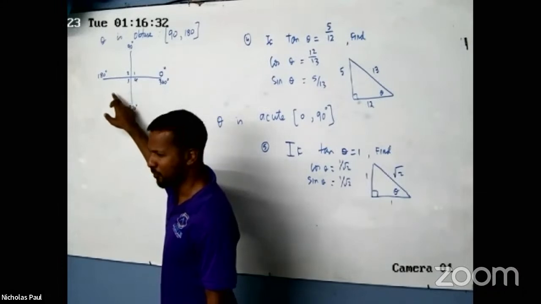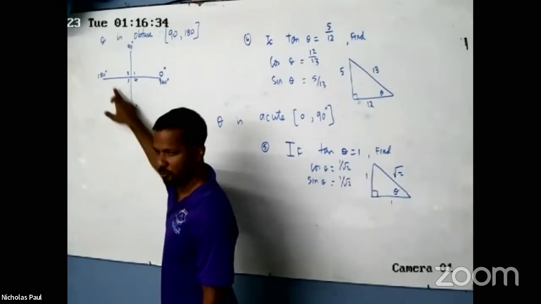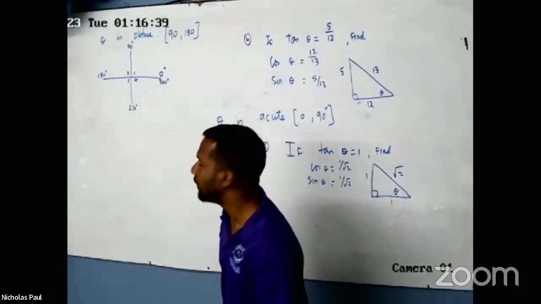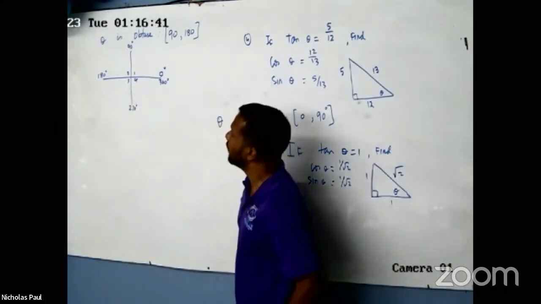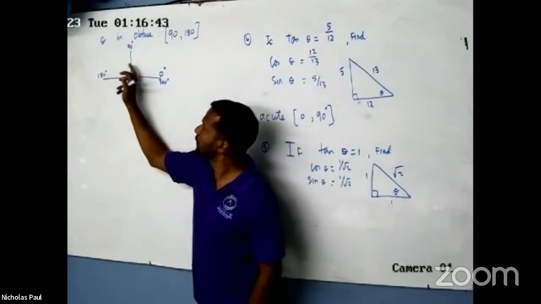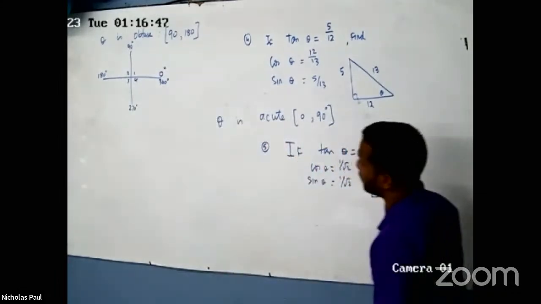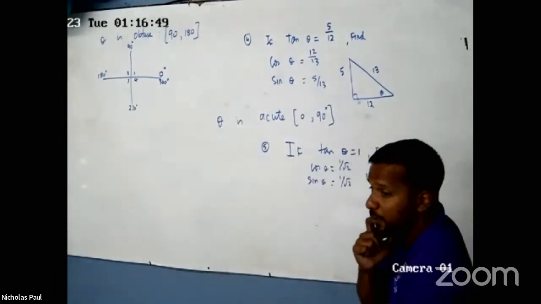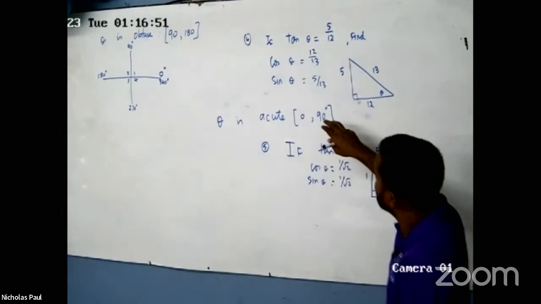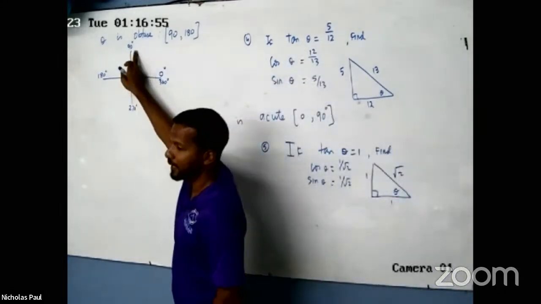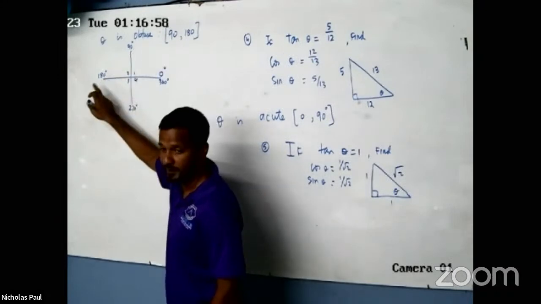All of this here is reflex. So you have obtuse, acute, and reflex. What's important is we need to understand how sine, cos, and tan behave between 0 and 90 and between 90 and 180.